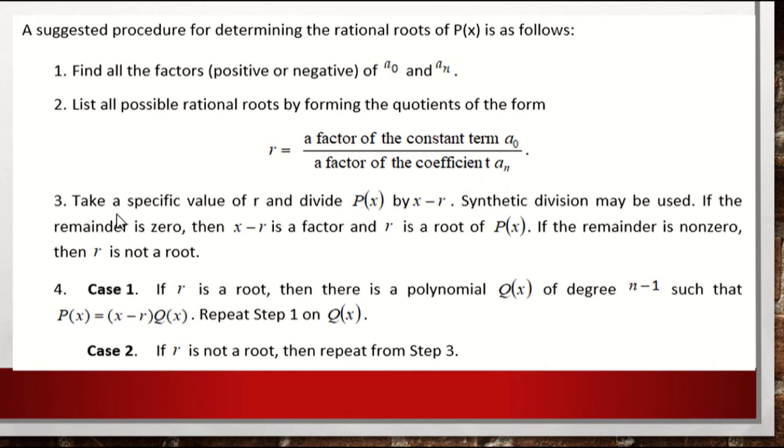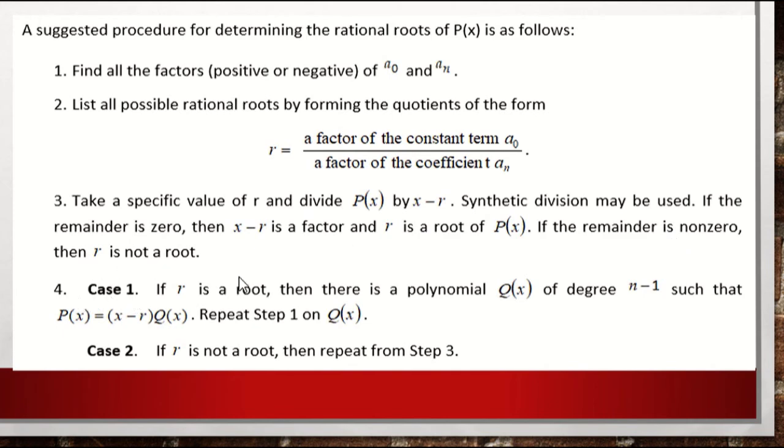Okay, number 3, take a specific value of r and divide p of x by x minus r. Synthetic division may be used. If the remainder is 0, then x minus r is a factor and r is a root of p of x. If the remainder is non-zero, then r is not a root.